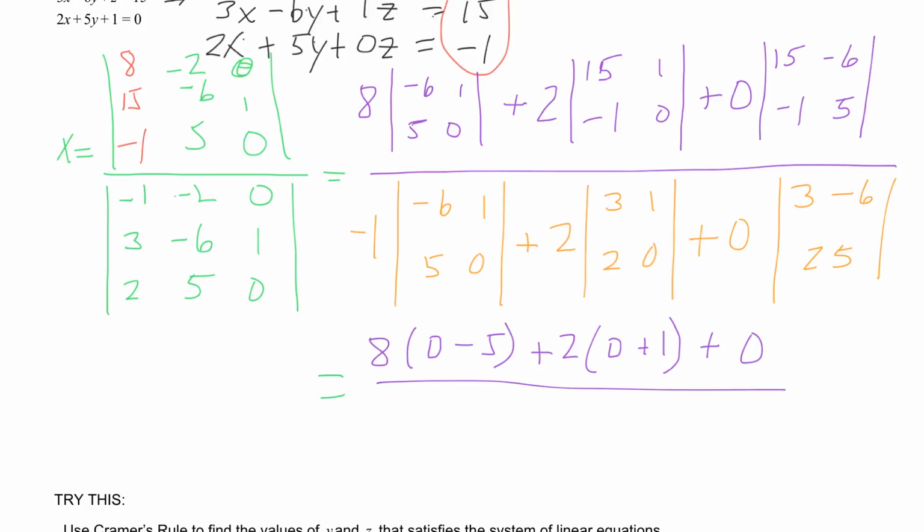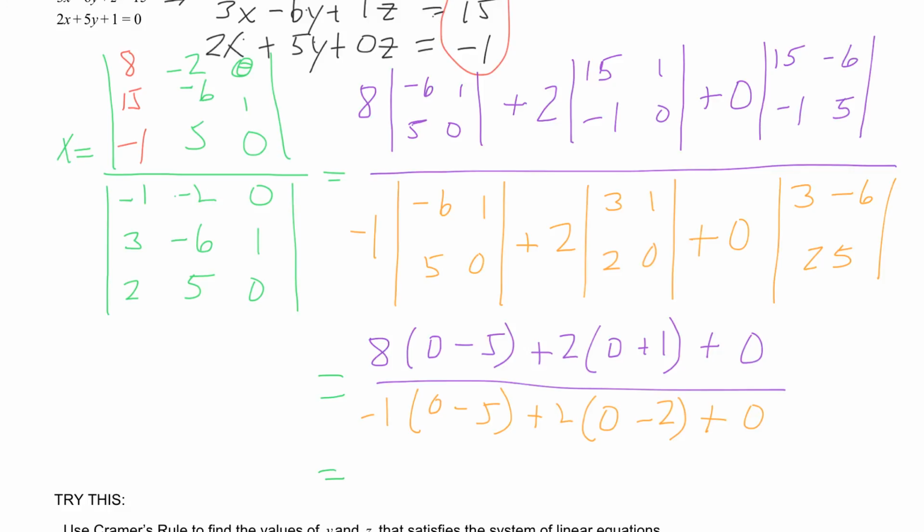Then my denominator, I'm going to have negative 1 times negative 6 times 0 is 0, minus 1 times 5, which is 5. Then I have plus 2 times 3 times 0 is 0, minus 2 times 1, which is 2. And then I have that 0 again. So this whole term here, because of that 0 out in front that I'm multiplying by, will also go to 0.